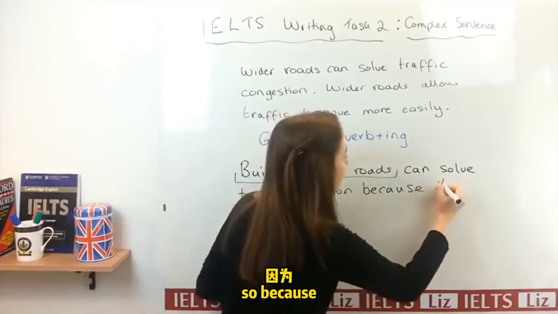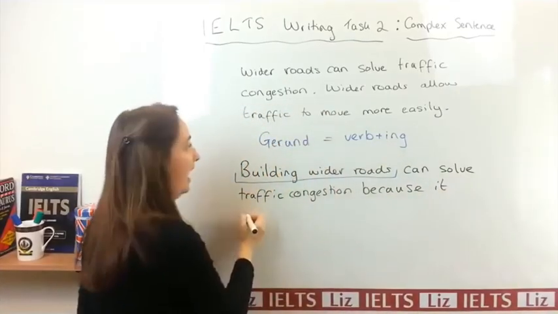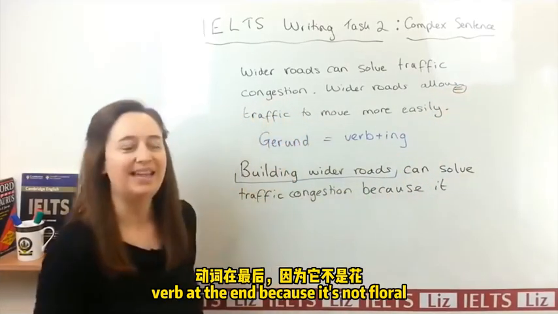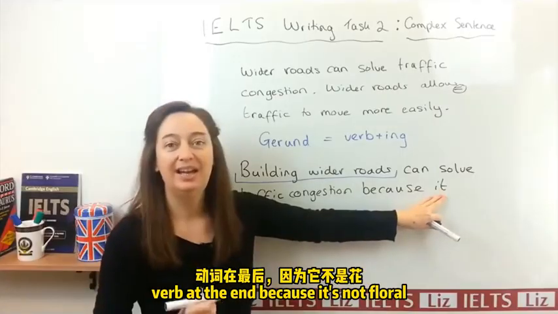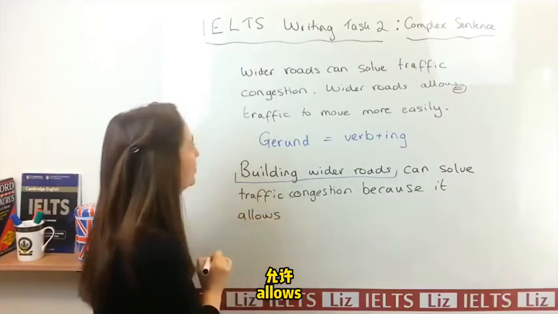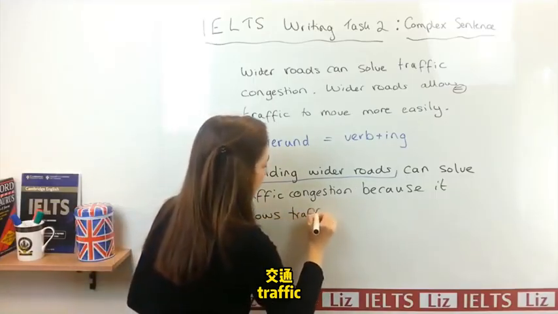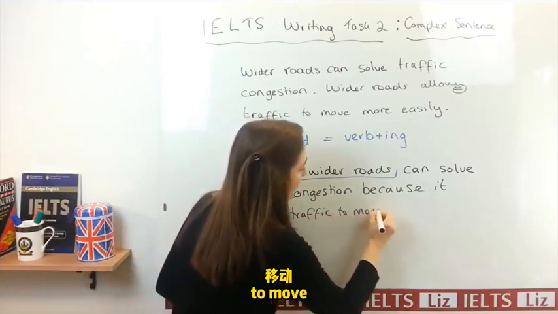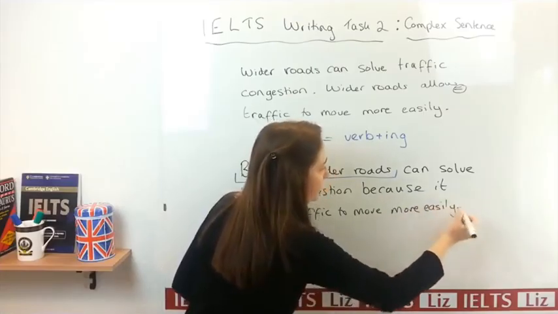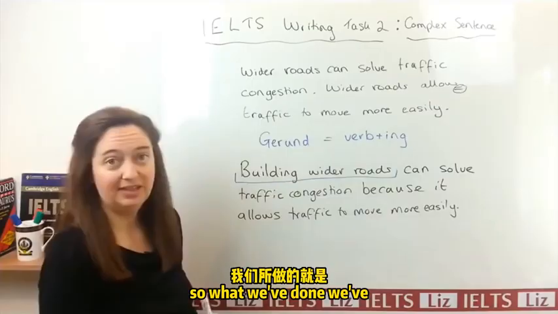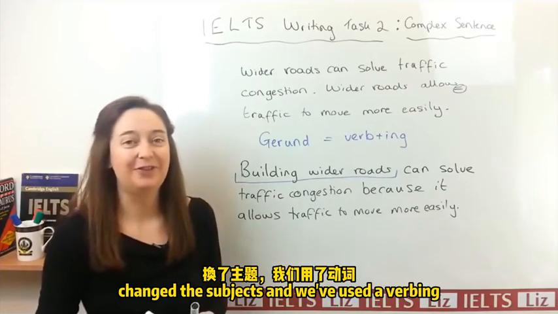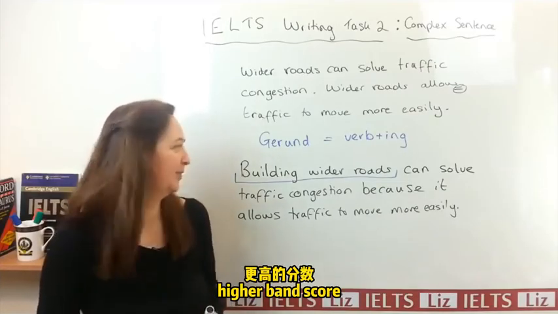So because it, and now we've got to change this verb at the end because it's not plural, it's singular. So because it allows traffic to move more easily. So what we've done, we've changed the subject and we've used a verbing, higher band score.